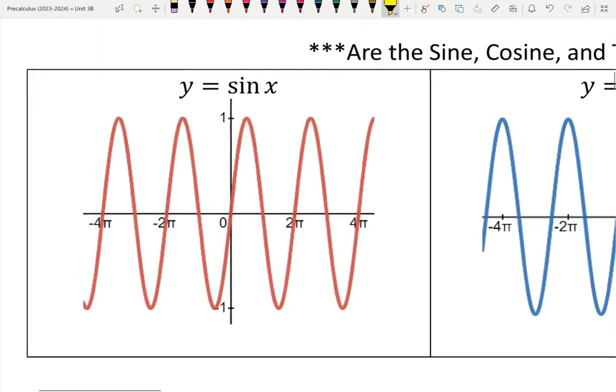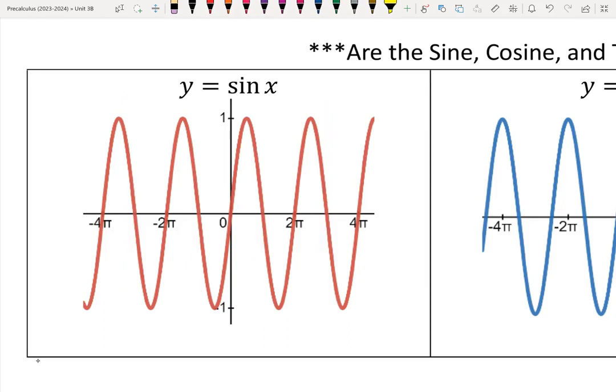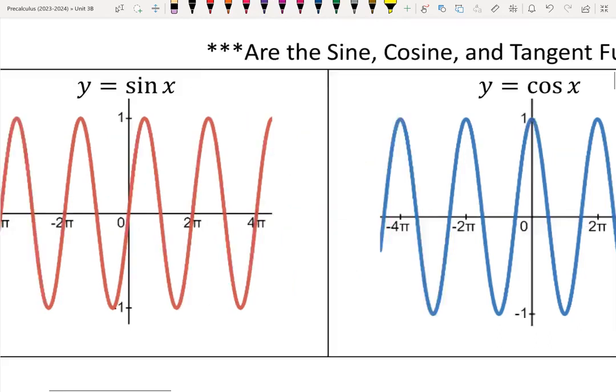Let's start with sine. Does sine pass the vertical line test? If I draw vertical lines, does it go through just once? So it's a function, it's passed the vertical line test. What about the horizontal line test? Does it pass the horizontal line test? No. Since it fails the horizontal line test, this is not invertible. What about cosine?